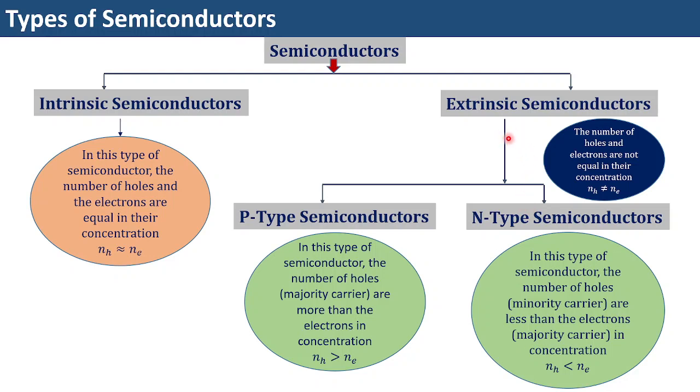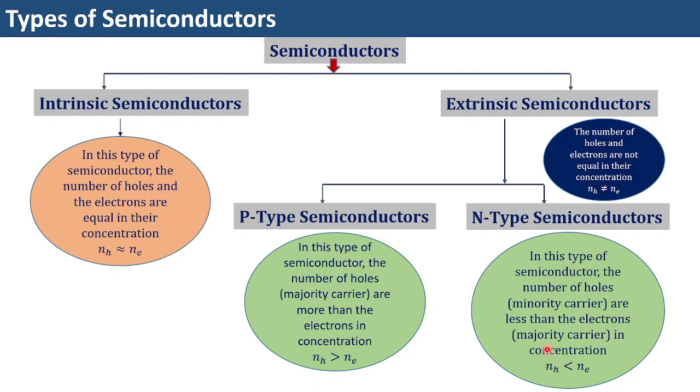The prime characteristic of an extrinsic semiconductor is that you do not have equality between the number of holes and electrons. If the number of holes is more than the number of electrons, we call it a p-type semiconductor. If the other way around, the number of electrons is greater than the number of holes, then it is called an n-type semiconductor.